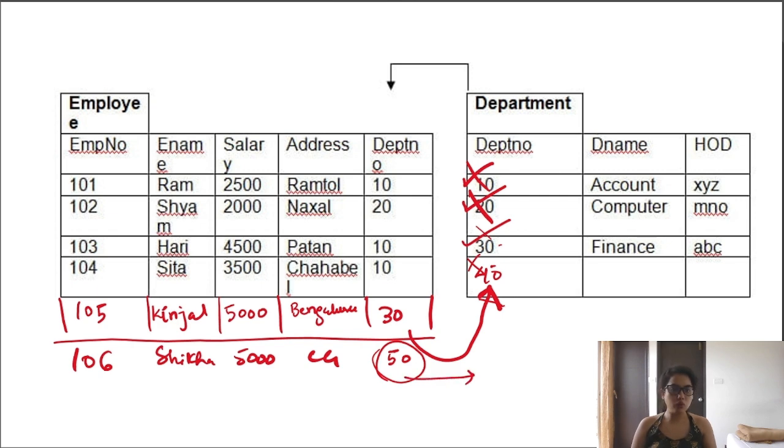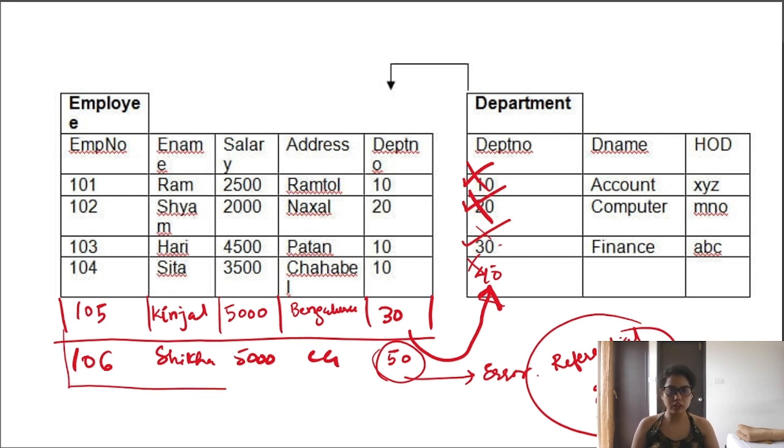So it won't allow you and will give you a referential integrity error, and it won't allow you to insert this particular 106 record into the employee table. So this is what referential integrity means.